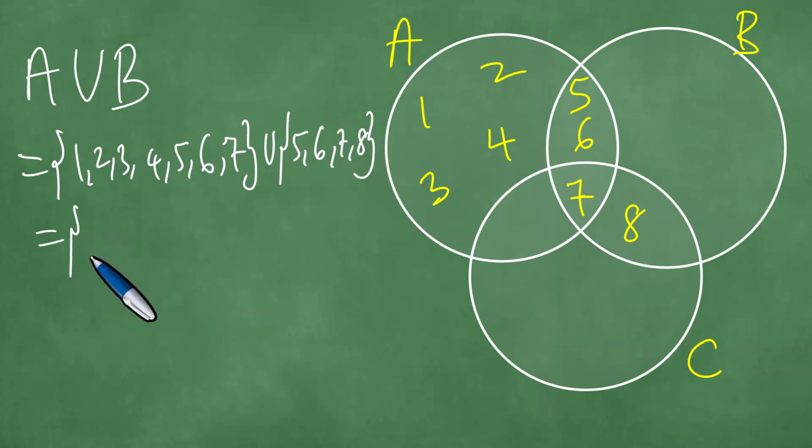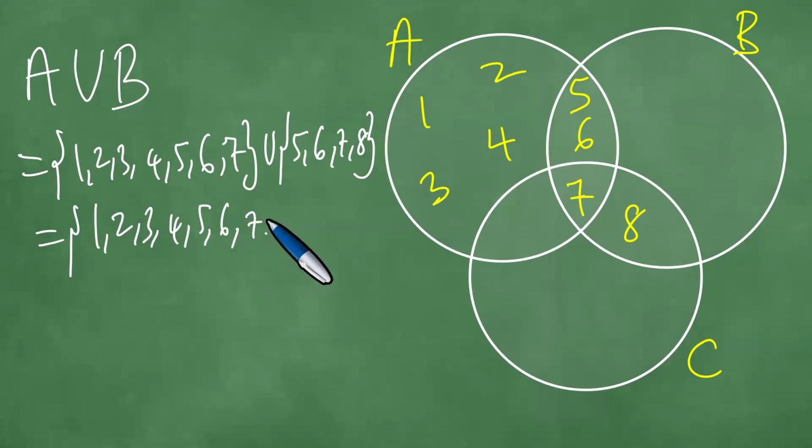Okay, A union B right now is 1, 2, 3, 4, 5, 6, 7, 8. So A union B contains all these elements, 1, 2, 3, and everything else that is there. Okay, we noted that. Next question.